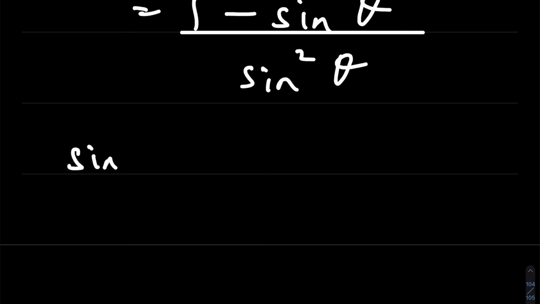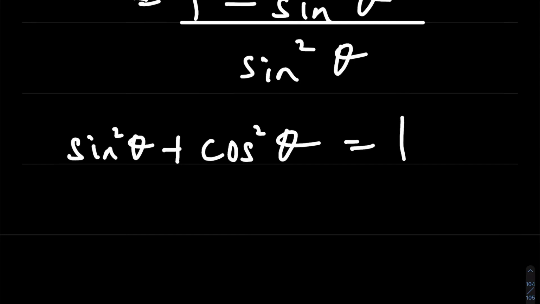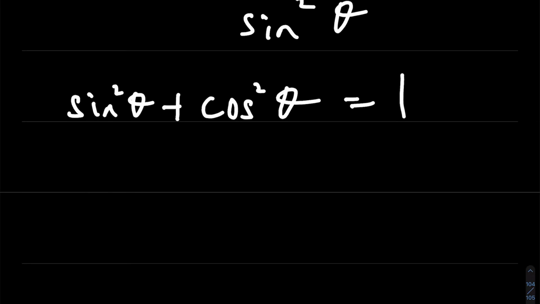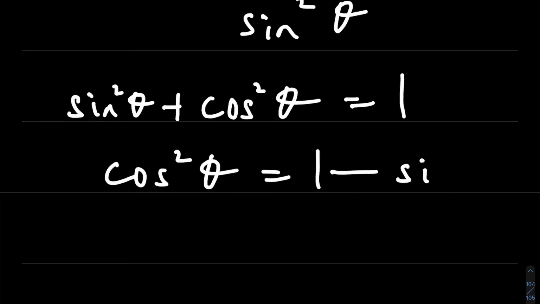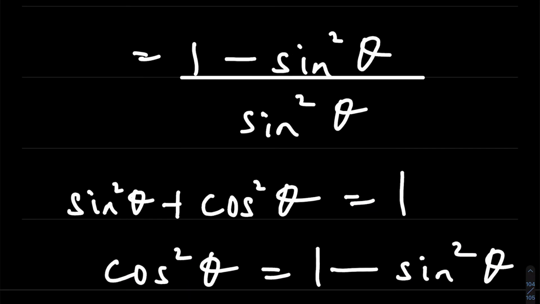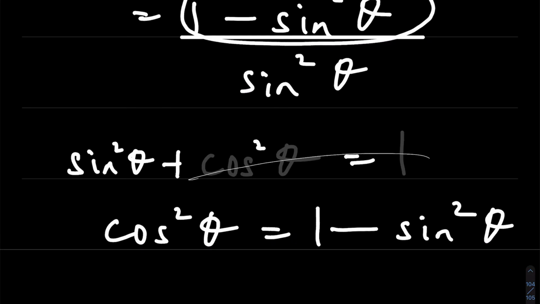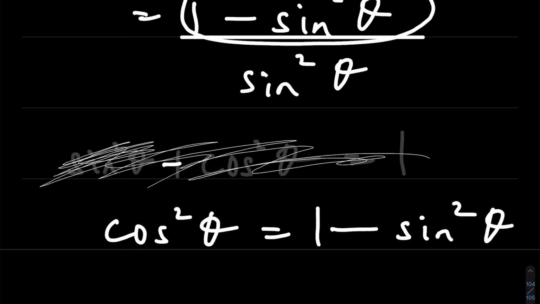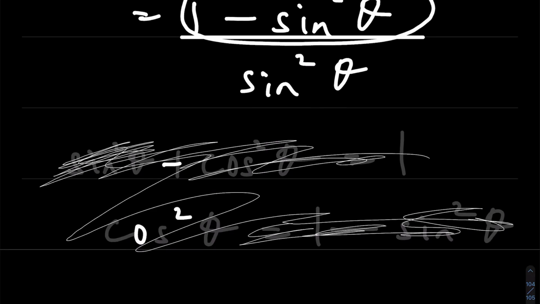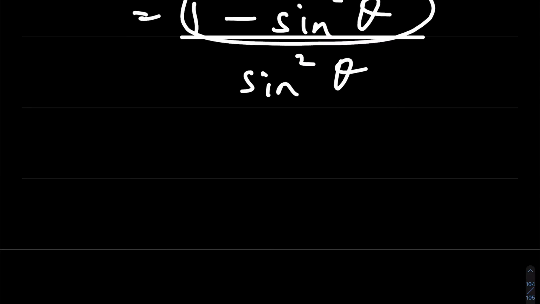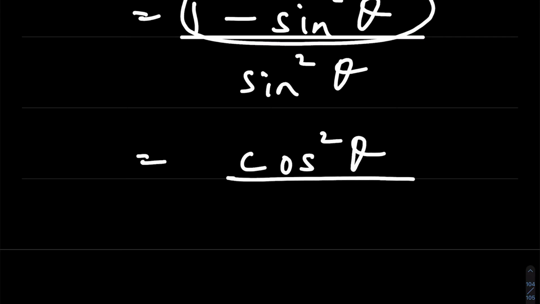We know that. Let's show that sine squared theta plus cos squared theta equals 1. That simply means cos squared theta is equal to 1 minus sine squared theta. So instead of writing 1 minus sine squared theta here, I'm going to write cos squared theta. And that simply means cos squared theta all over sine squared theta.